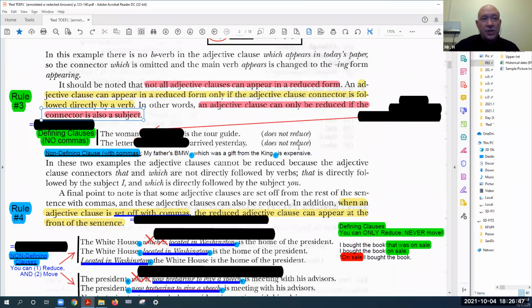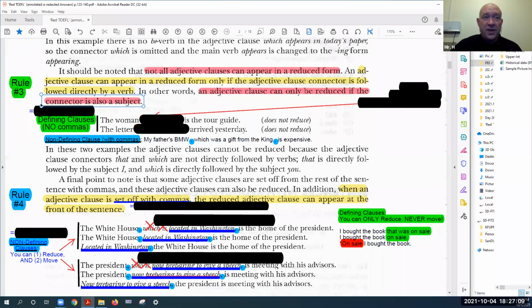Now, if you guys go to English 04, ENGL 04, in Headway, Unit 8, you will learn about something called defining clauses, and the opposite is non-defining clauses.